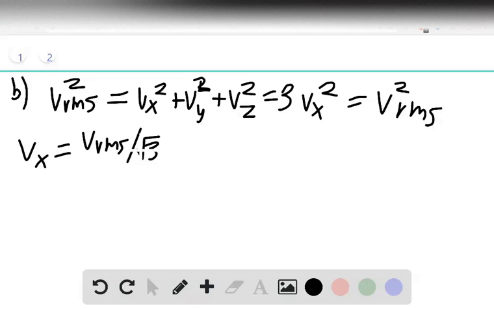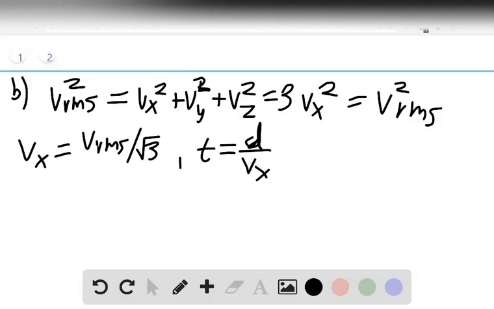So the time for one crossing of the room is then given by V equals d over t. So to solve for t, you have t equals d over Vx.